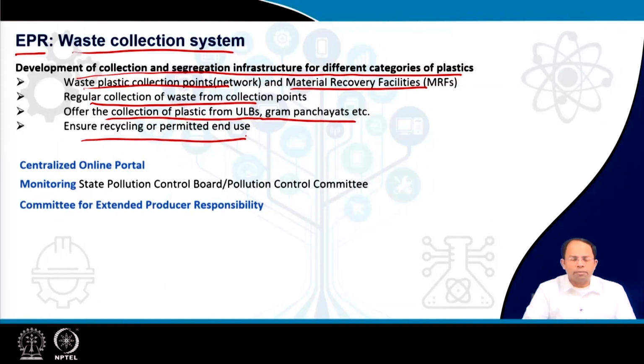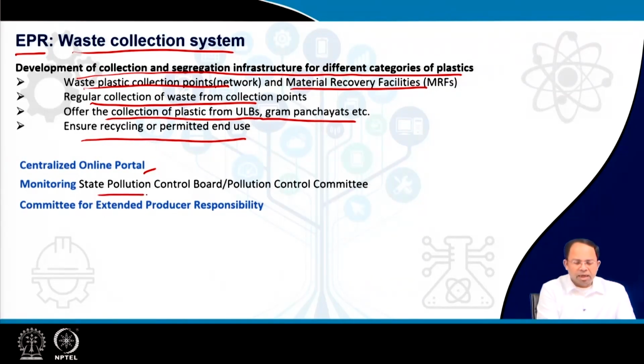There is also a need, and the guidelines state this, for a centralized online portal, so that we can track how the producers, importers or brand owners are actually doing recycling or reusing plastic and so on.